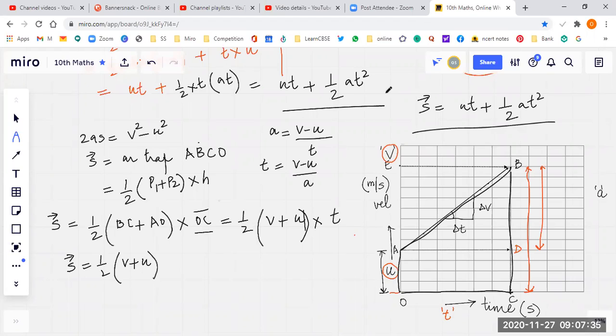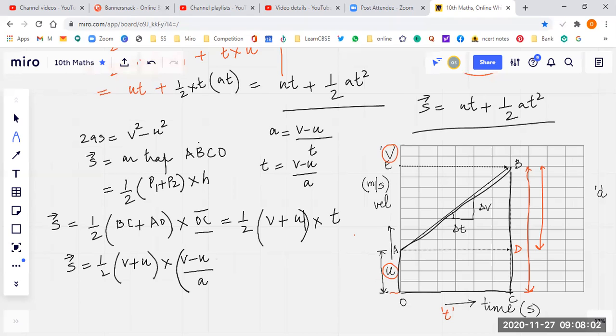Can I say like this? Yes, sir. Yes, t went there, a came here, cross multiplication. So I put the value of t. Yeah, put the value of t, that is v minus u divided by a.